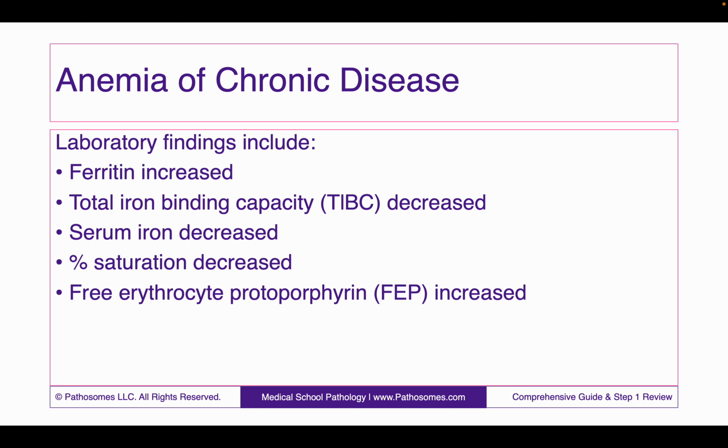Laboratory findings in anemia of chronic disease include increased ferritin, decreased total iron binding capacity, decreased serum iron, decreased percent saturation, and increased free erythrocyte protoporphyrin.